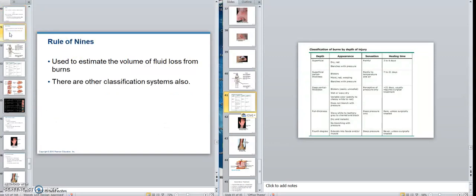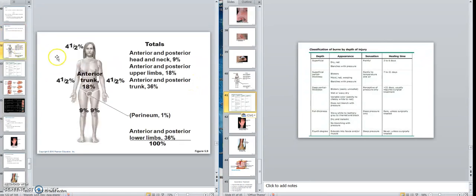How do you classify the severity of burns? One is extent of body surface. One of these is called the rule of nines, but there are other classification systems also that look at that. In the rule of nines, you basically have broken everything up into 9% or half a 9, 4.5%.